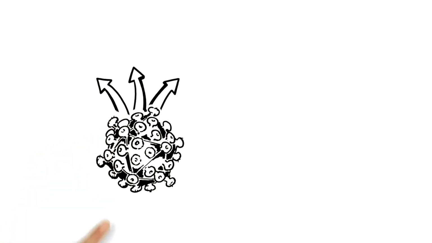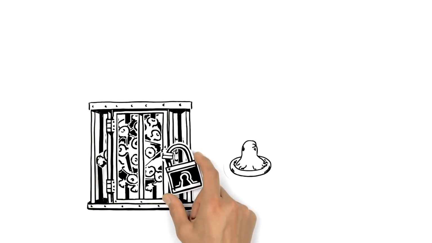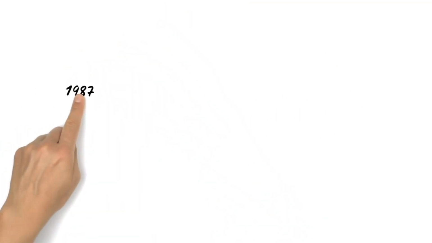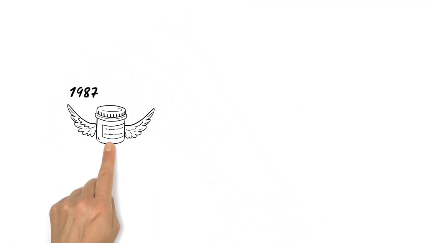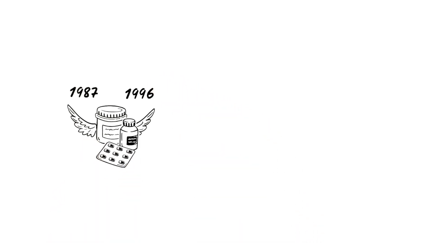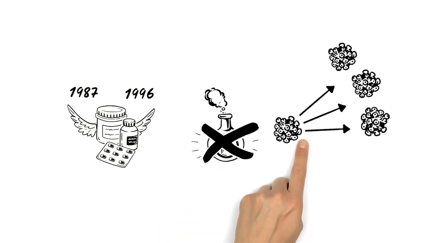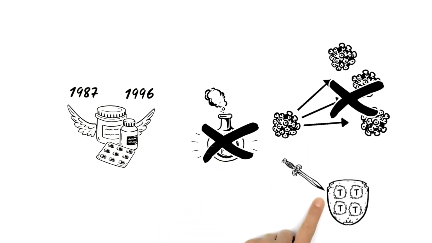Keep the virus from spreading. It became clear that the best preventive measure was safe sex, as condoms kept the virus from infecting others. Additionally, blood banks started testing blood, and new programs even distributed clean needles to drug users. Finally, in 1987, the first treatment against the virus was released, the ancestor of combination therapy. The medication still isn't a cure, but it keeps the virus from multiplying and destroying the host's immune system.